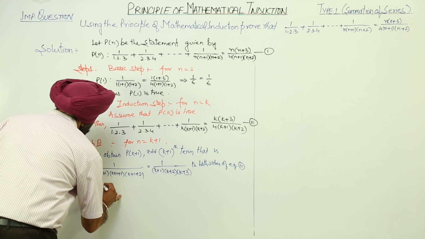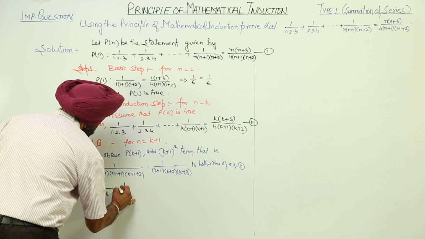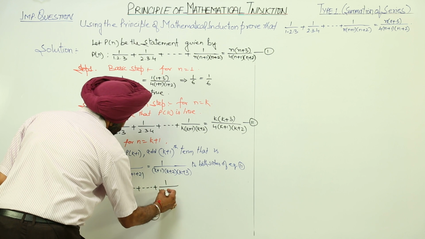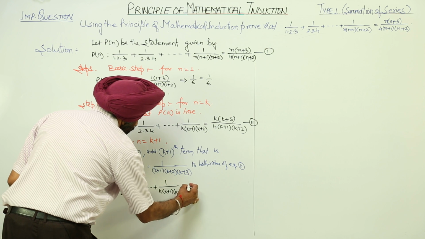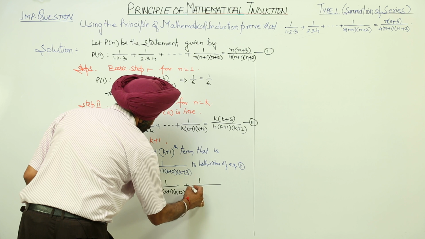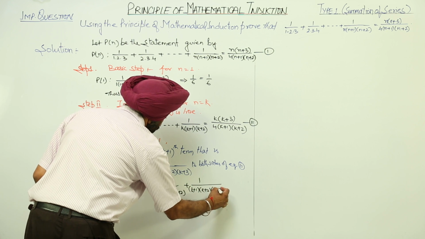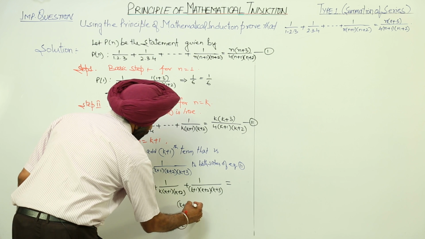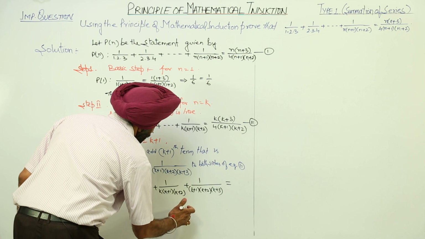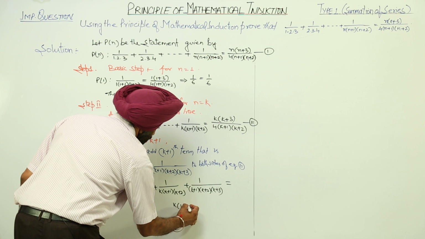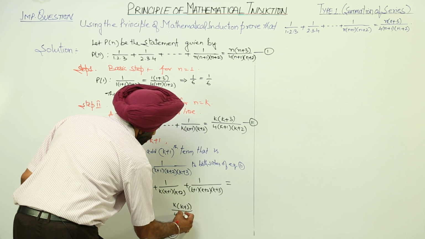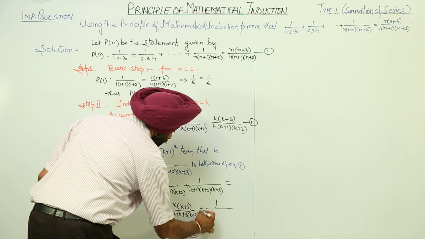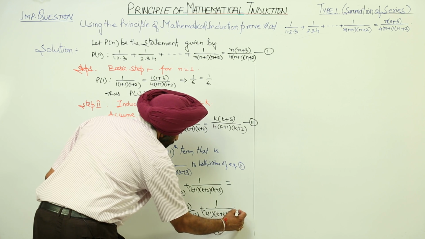We are getting 1 upon 1 times 2 times 3 plus 1 upon 2 times 3 times 4 plus ... plus 1 upon k, k plus 1, k plus 2 plus 1 upon k plus 1, k plus 2, k plus 3 is equal to k times k plus 3 upon 4 times k plus 1, k plus 2 plus 1 upon k plus 1, k plus 2, k plus 3.